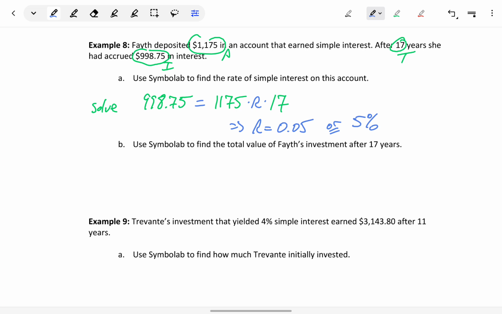Now that we know the simple interest rate, we could calculate, well, actually, we don't need that. But in part B, we want to find the total value of Faith's investment. We're actually given both of those pieces of information in the original problem.